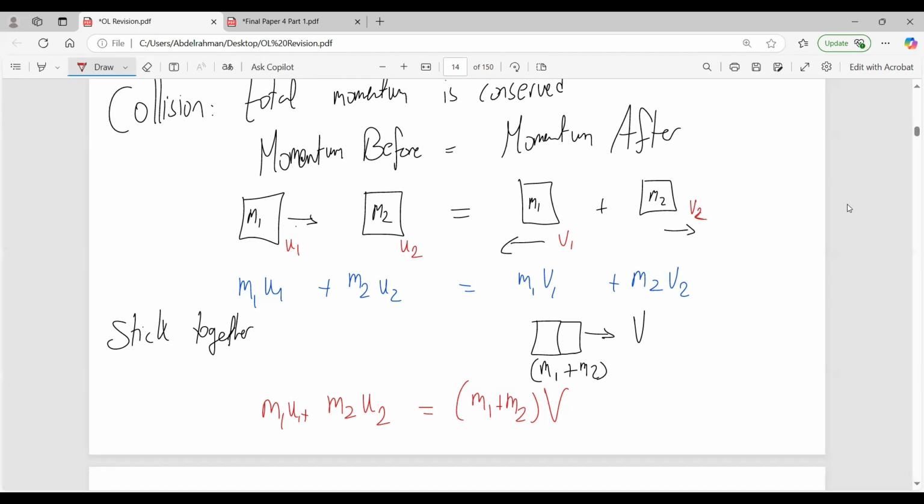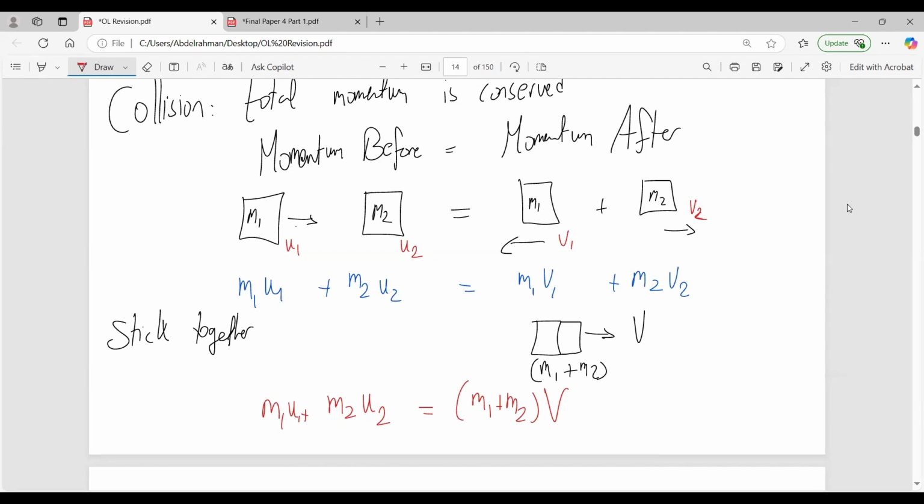What I need you to understand about momentum is that if the total momentum is conserved and the momentum of object 1 decreases by 1000, then the momentum of object 2 will increase by 1000. If the momentum of object 1 was 10,000 and it becomes 0, automatically object 2 will increase by 10,000.